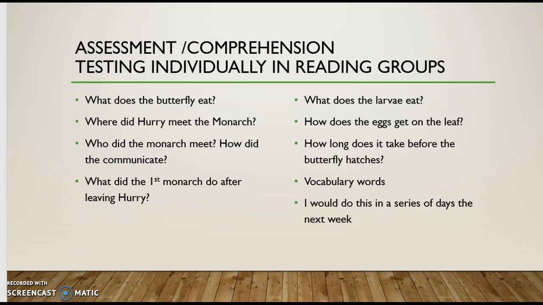And at the end, we're going to do assessments or comprehension, or testing, which individually they're in reading groups, so we can ask them during the reading group time, which they're in small groups. So individually at the table, we can ask them a series of questions, and this would all be going on over the next week after the week of all these activities.